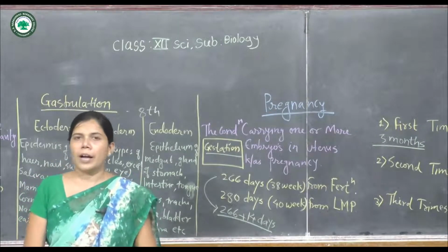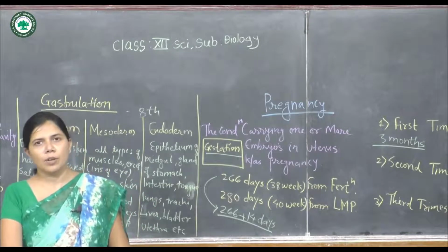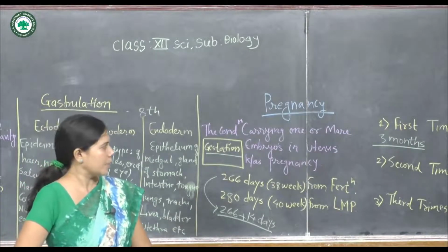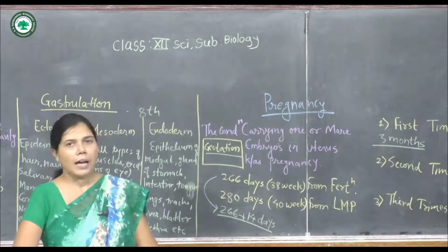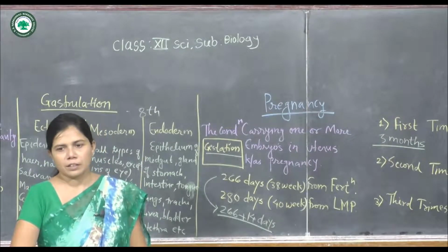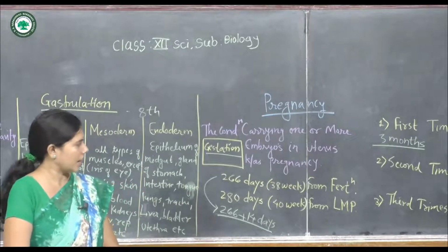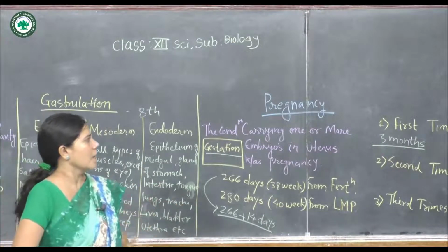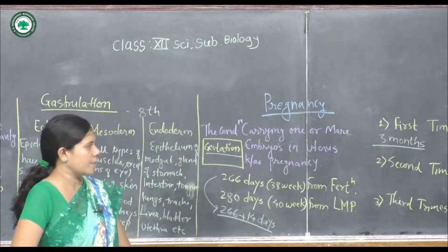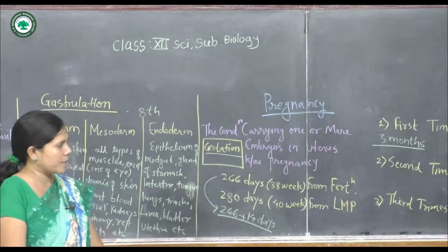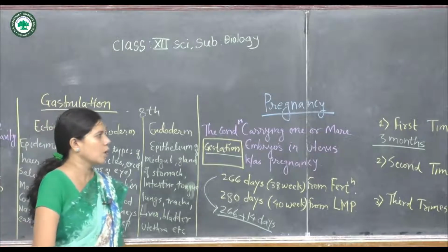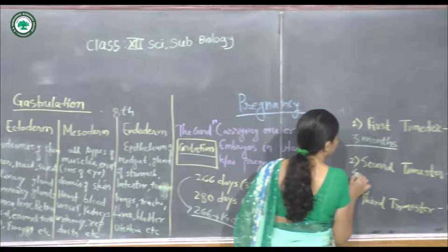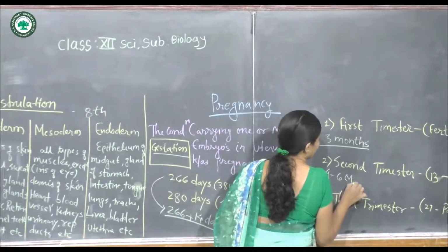It grows, and the uterus becomes larger, and in this period the mother experiences morning sickness and other symptoms. After the first trimester comes the second trimester, with a duration of 13 to 26 weeks, meaning the 4th month to the 6th month.